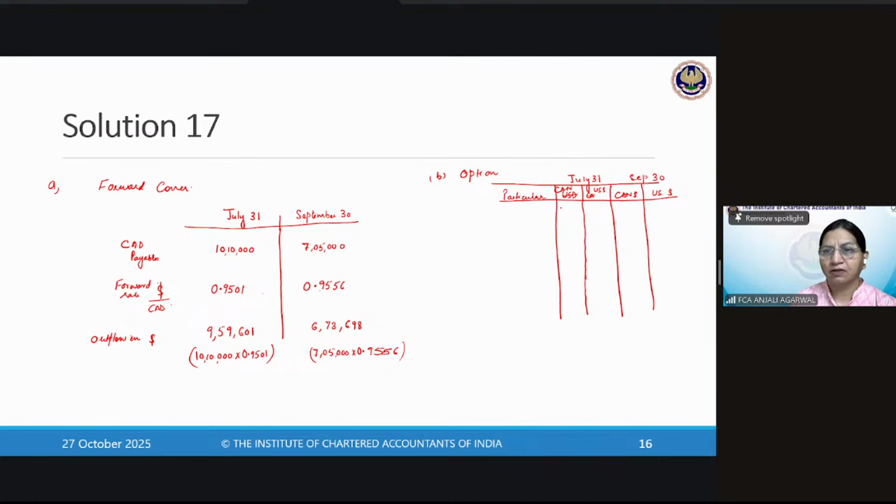So firstly, on 31st July, the payables are 10 lakh 10,000 and here the payables are 7 lakh 5,000. Number of contracts is the amount divided by contract size.